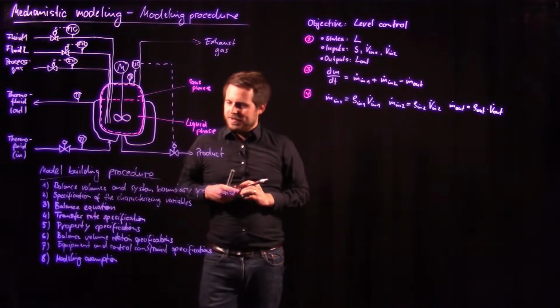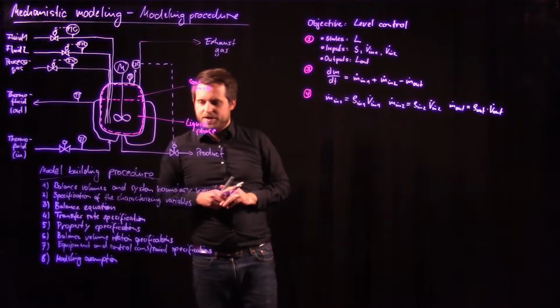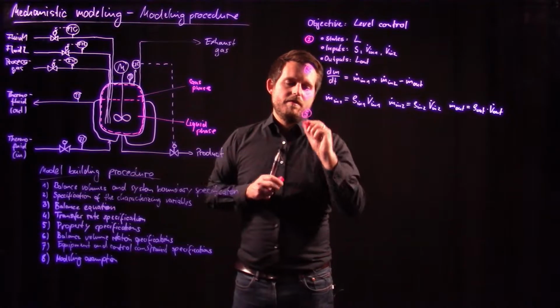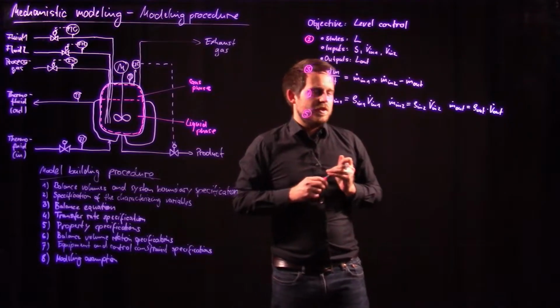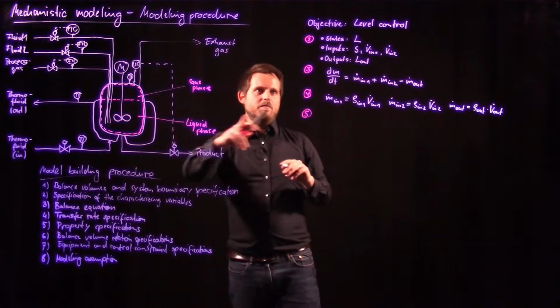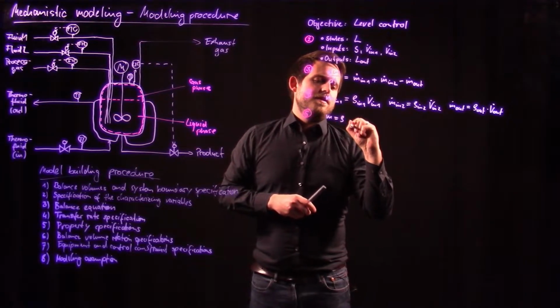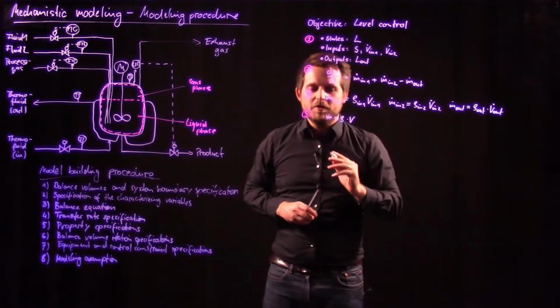After we dealt with the transfer rates, we might have a look into the property specifications. So that's 5. For the property specifications, we might first of all say that the mass in the system is equal to my density times my volume in the system.